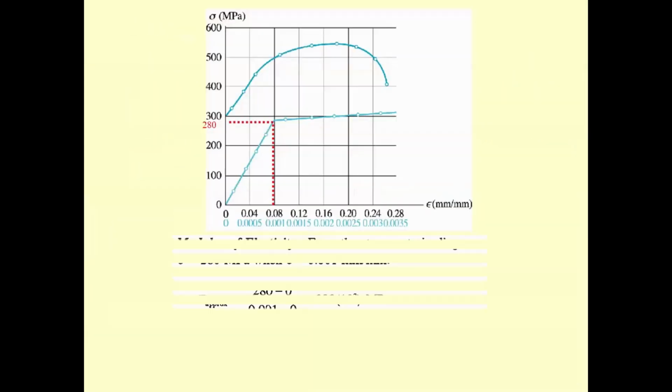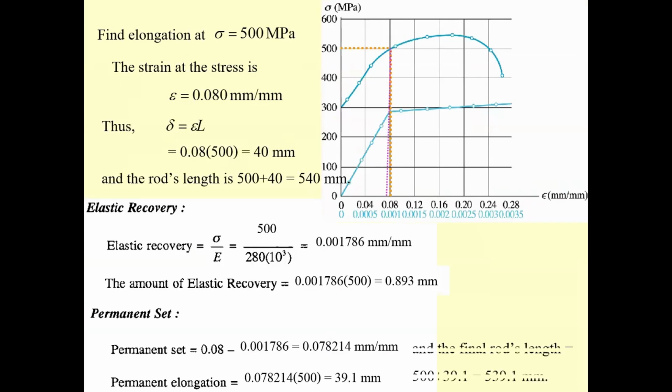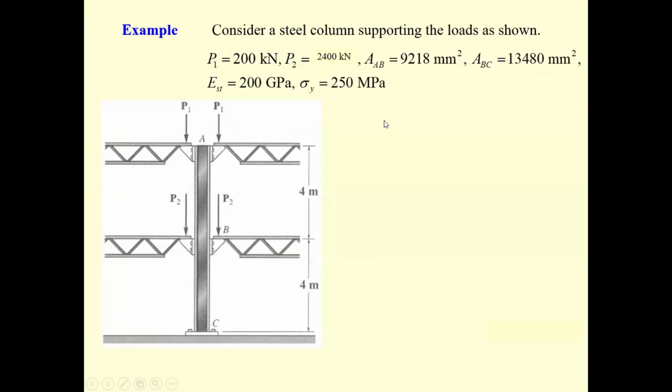And we will have an extra example. I will show you on this example. Let me move to one more example in the PowerPoint. Again, Ajahn already taught you over here, you may go back to the video clips of the previous trimester. This is going to be the column of a building.